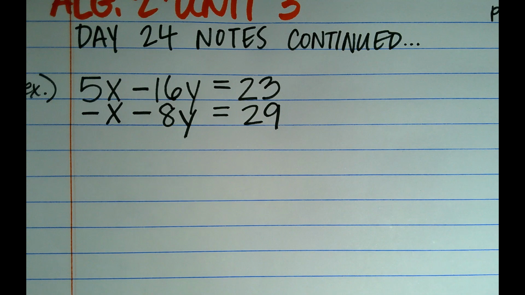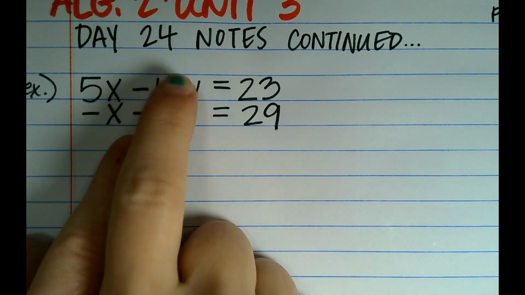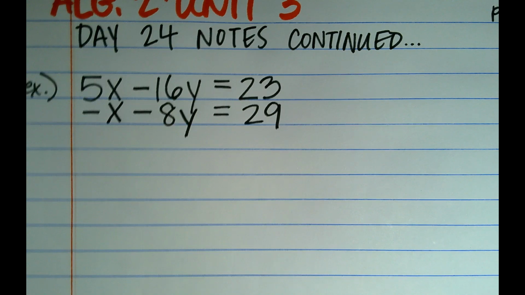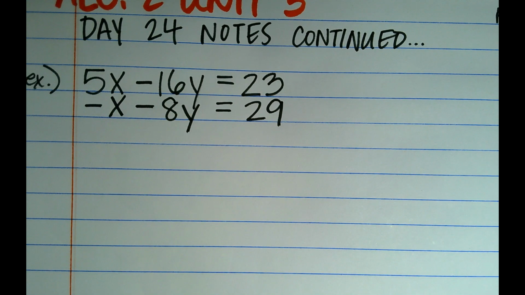So we're looking at both equations and trying to think about which variable we want to eliminate first. We could do either one. Do the y's? Okay, so do we want to multiply the top or the bottom equation? Yeah, let's do the bottom one.